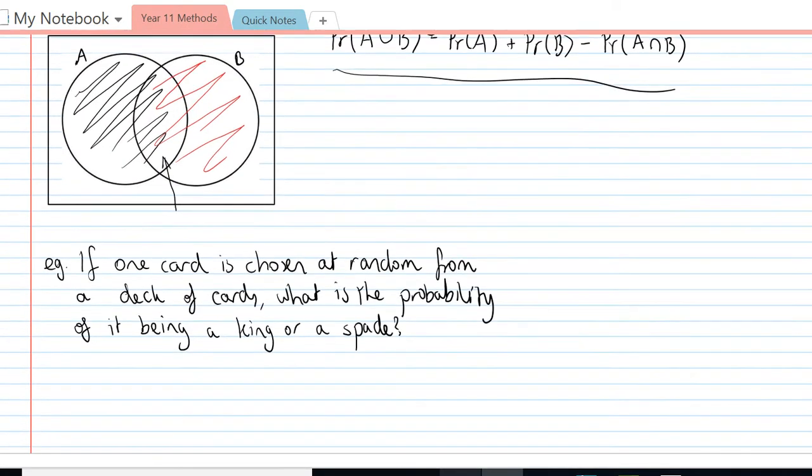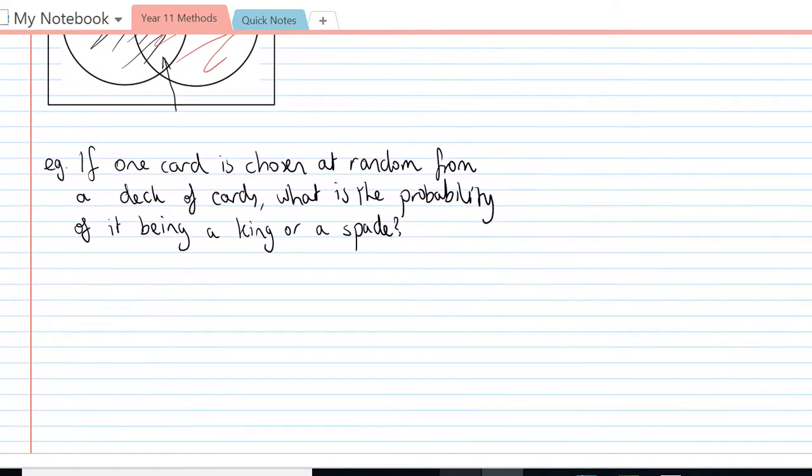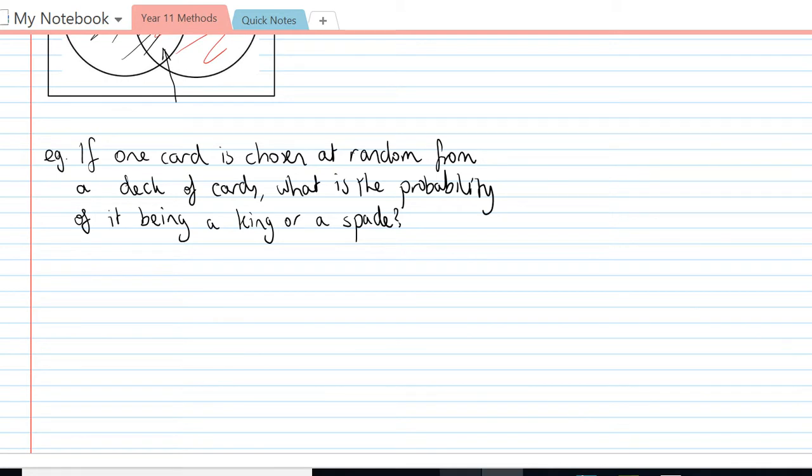So we get a problem like this one down here. If one card is chosen at random from a deck of cards, what is the probability of it being a king or a spade? So we could think of K being the event getting a king and S being the event getting a spade. Then we could say the probability of K union S. Notice here that they use the word or.